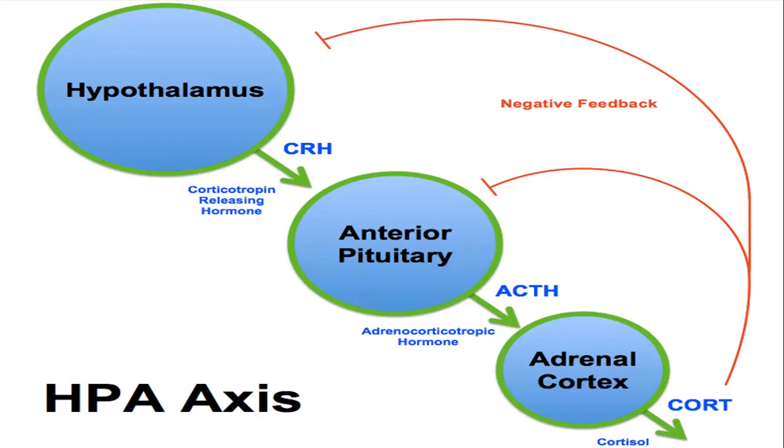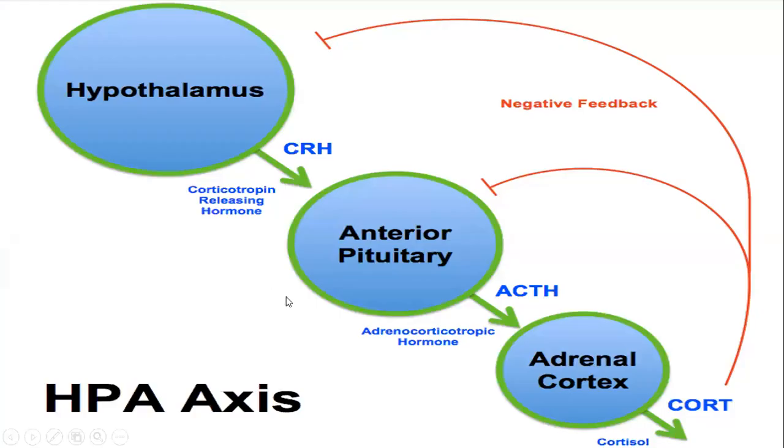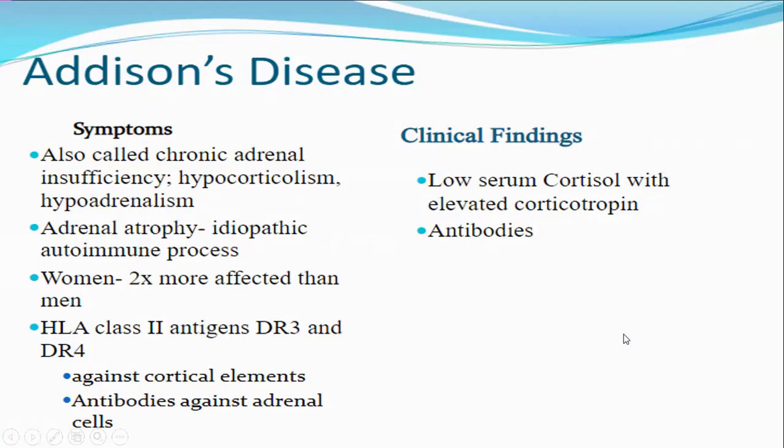Now, what happens in Addison's disease is that you have autoantibodies which are directed to the cells which produce cortisol, leading to hypocorticolism and hypoadrenalism.